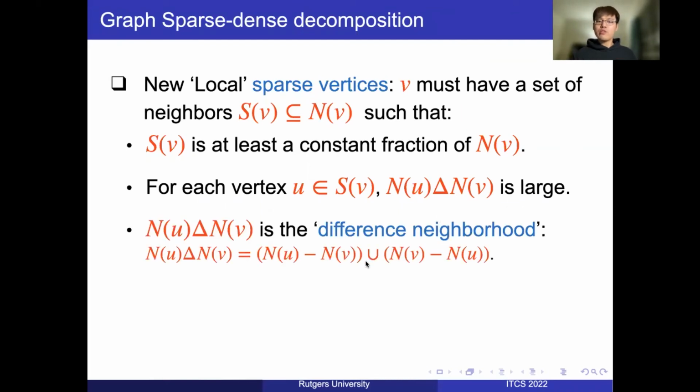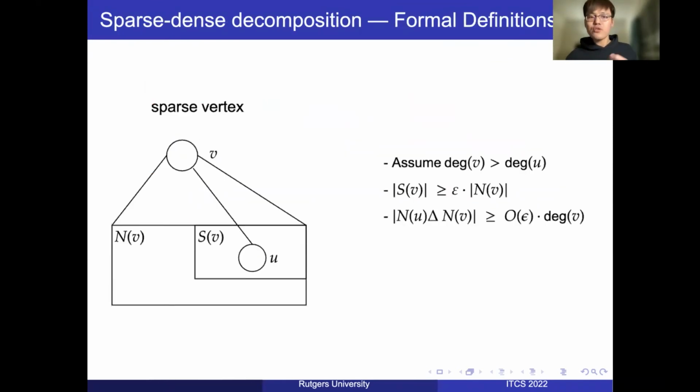The different neighborhood is defined as the vertices that are in the neighborhood of u but not in the neighborhood of v, plus the vertices in the neighborhood of v but not in the neighborhood of u. Okay? So in the picture, if v is a sparse vertex, then a large fraction of its neighbors are such that for each vertex u inside, the neighborhoods N(u) and N(v) are different. So the difference between the neighborhoods is large.